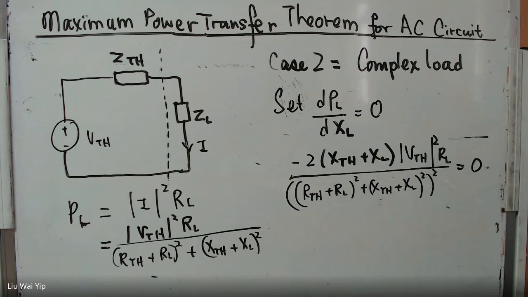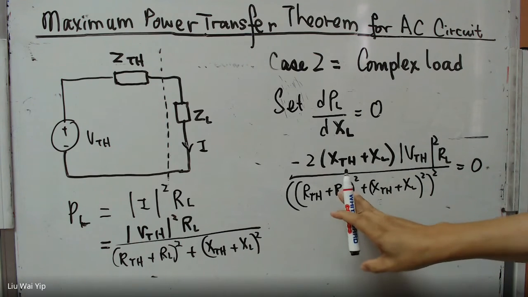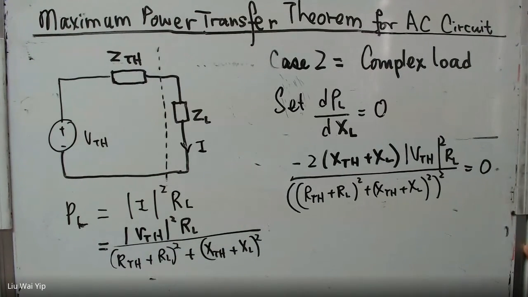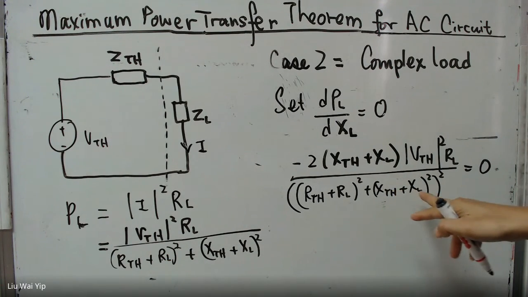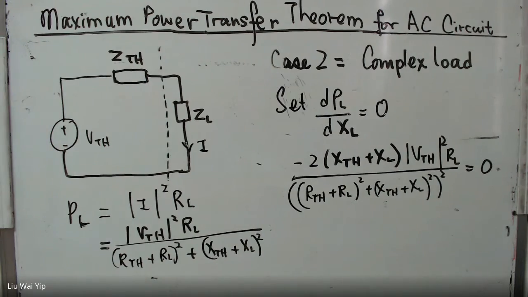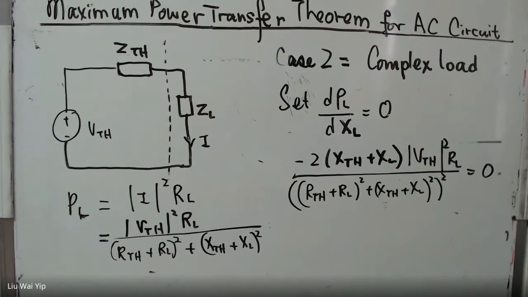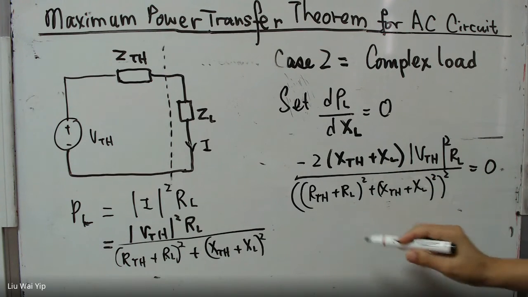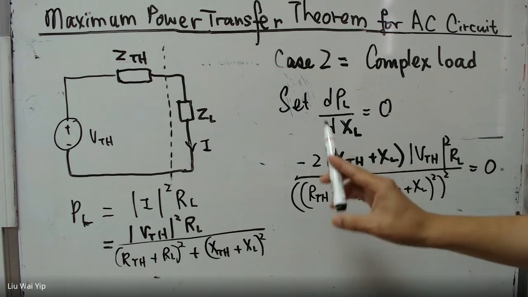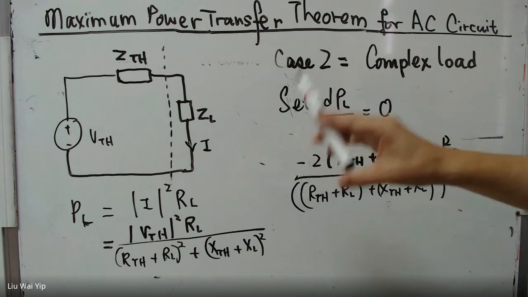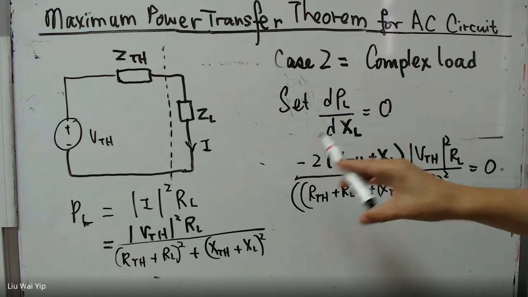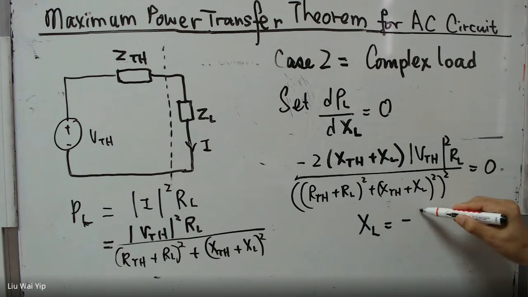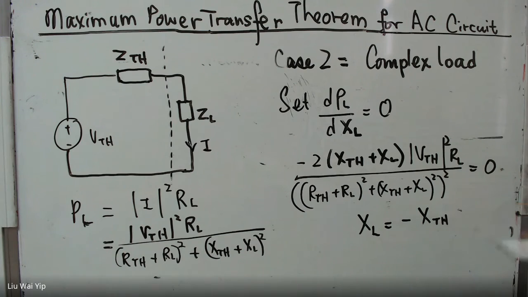Based on direct inspection, we know that in this case, for the power to be maximally transferred, XL must be equal to minus XTH.